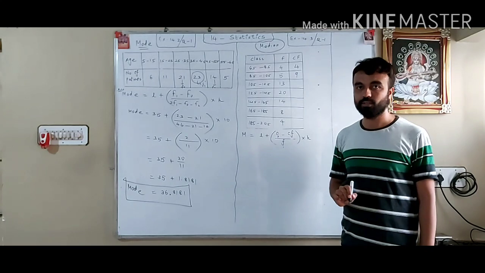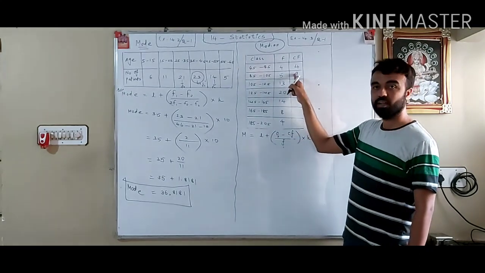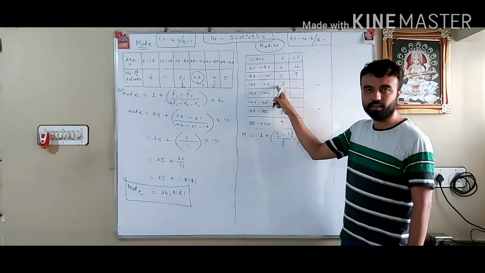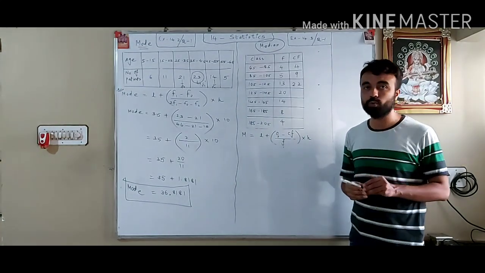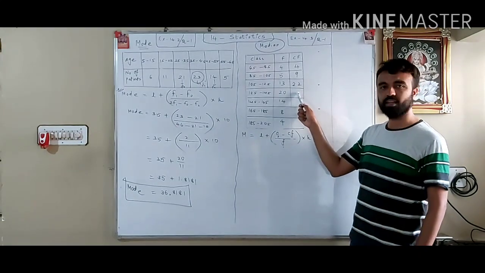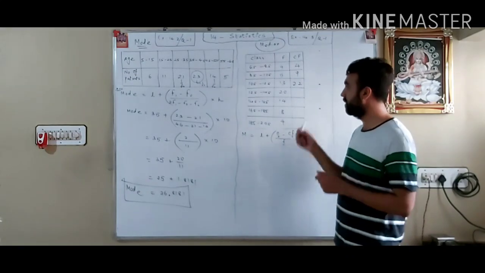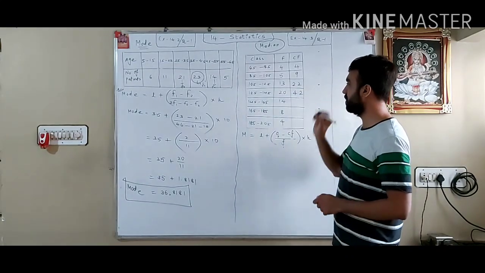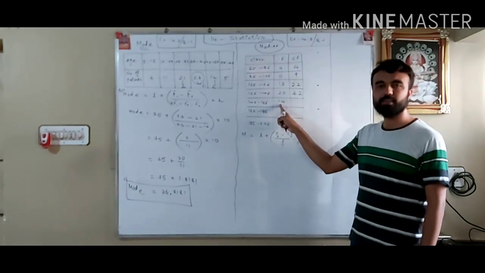So what will come here as the answer? 9. Okay, cross addition. Now what will come here? This number plus this number. 9 plus 13. So it is what? 22. What will come over here? Again cross addition. 22 plus 20. It will be 42. Again cross addition. 42 plus 14.